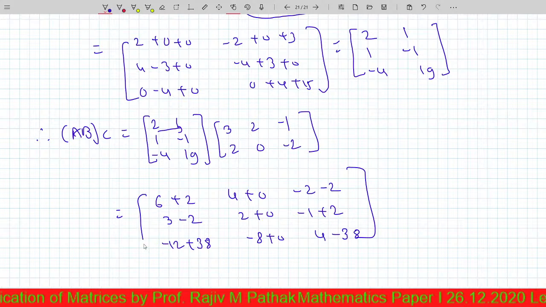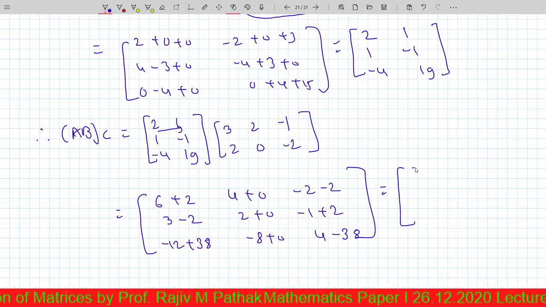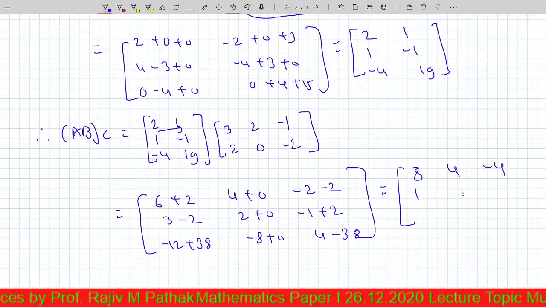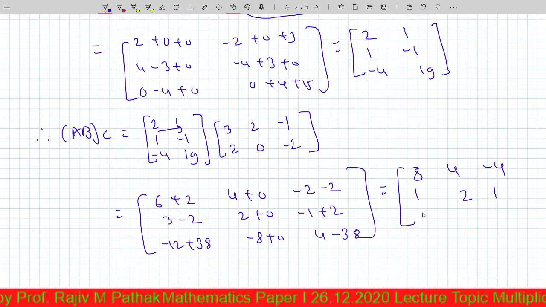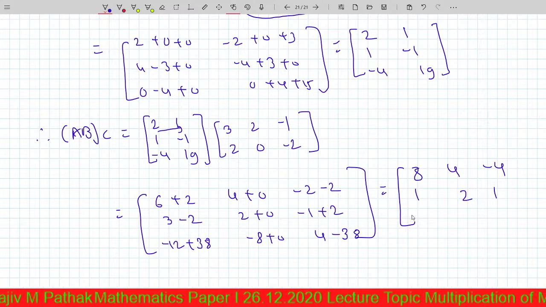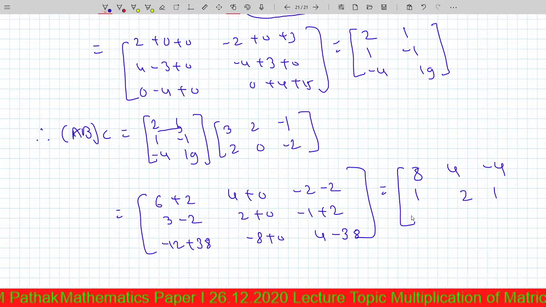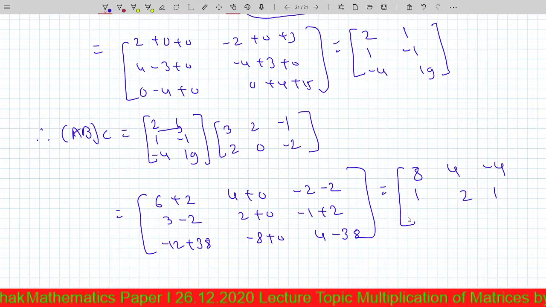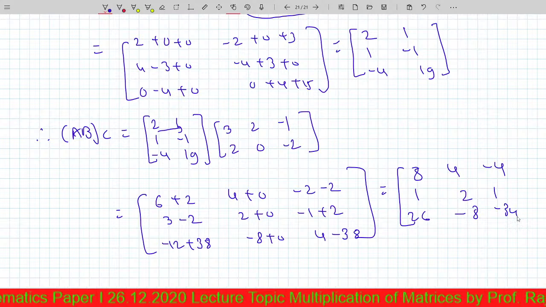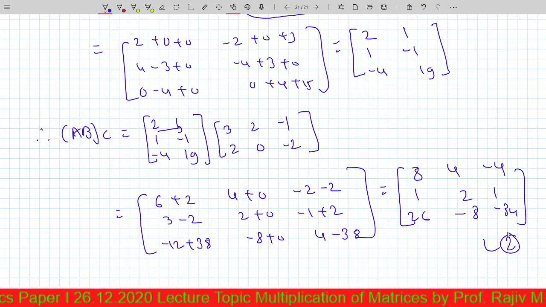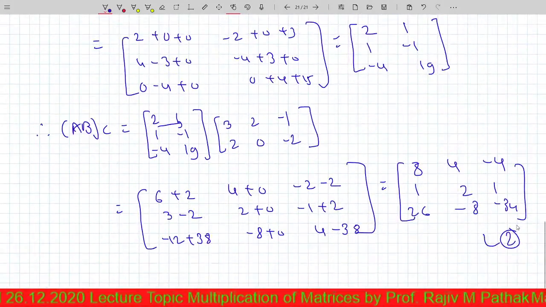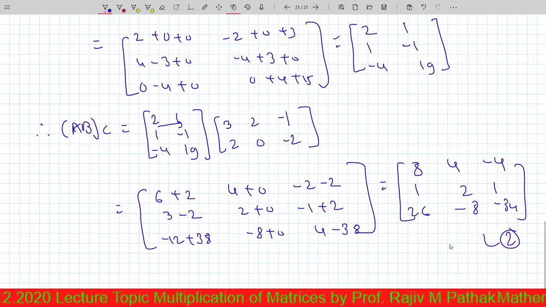So what we get here? 8, 4, minus 4. 3 minus 2 is 1, 2, 1. And this is 26, minus 8, and this is minus 34. This is equation 2. Let us check the answer. 26, minus 8, minus 34, 1, 2, 1, 8, 4, minus 4. Yes, both 1 and 2 are correct.